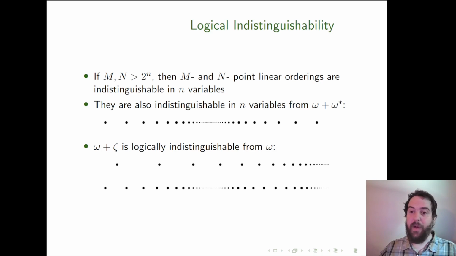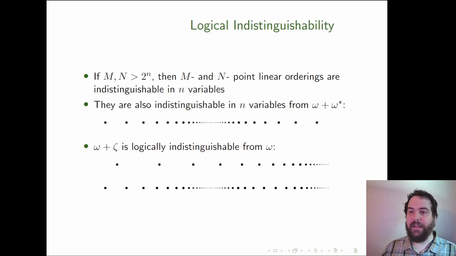Because if there was, suppose that there was a formula with 100 variables that distinguished these two structures, then that would mean that Spoiler has a strategy that takes 100 turns, and Spoiler will definitely win following this strategy after 100 turns. Well, all duplicator has to do is say, no, you don't have such a strategy.